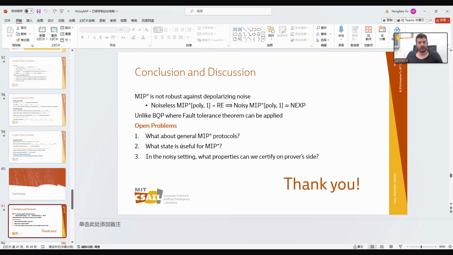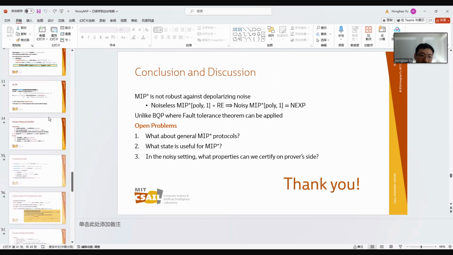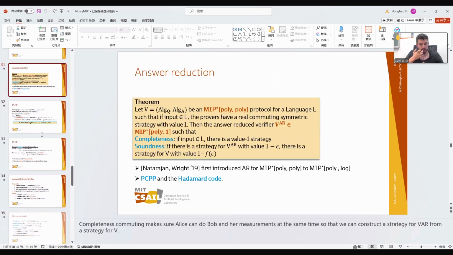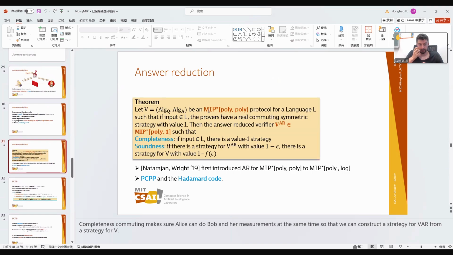Are all the things you described linear functions on the level of the verifier? Actually, the verifier can apply an arbitrary function as long as it's polytime computable.